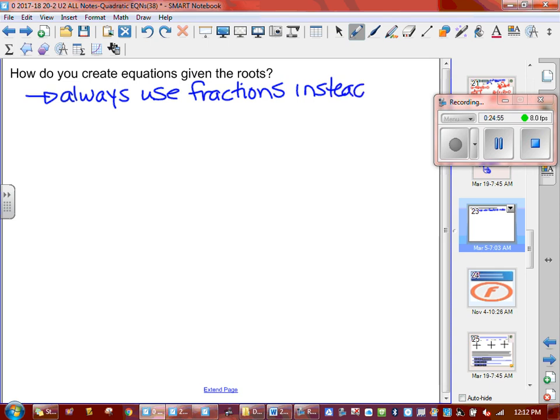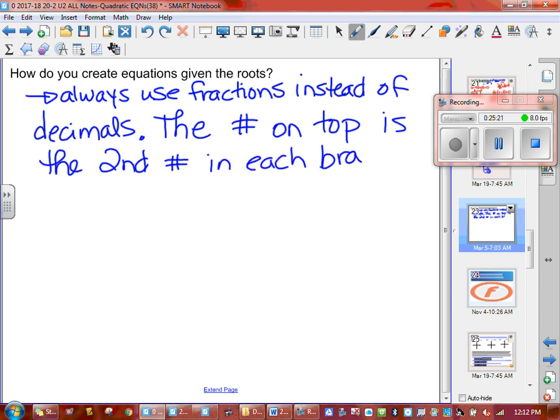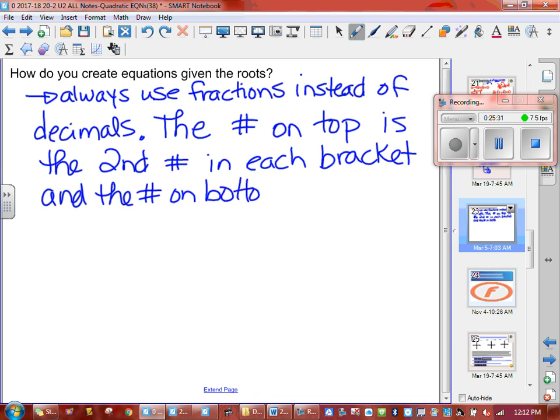The number on top is the second number in each bracket. And the number on the bottom is the number you write in front of x in each bracket.